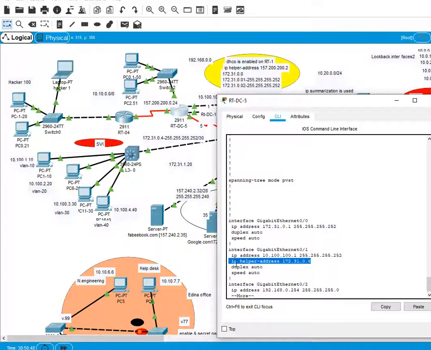We have to put this command on this router and educate it to say, if you see a DHCP broadcast, forward that information to that router so that it can get an IP address from that router. What happens? That router will get the broadcast and say, hey, I can give you an IP address, right? Then it forwards it back, and this router gets it and forwards it to the PC. That's how it works.